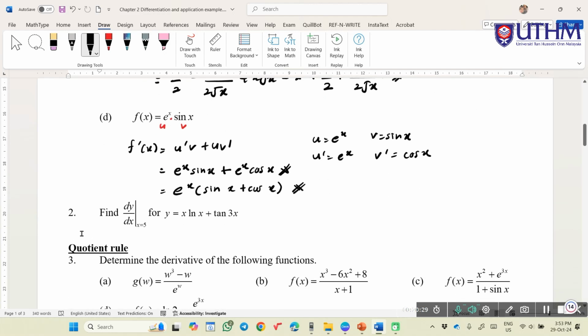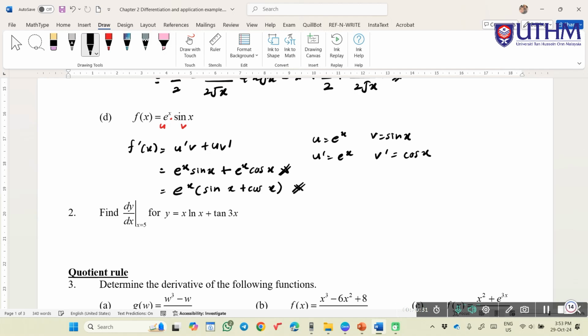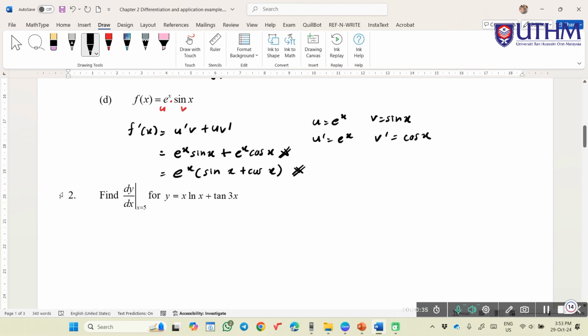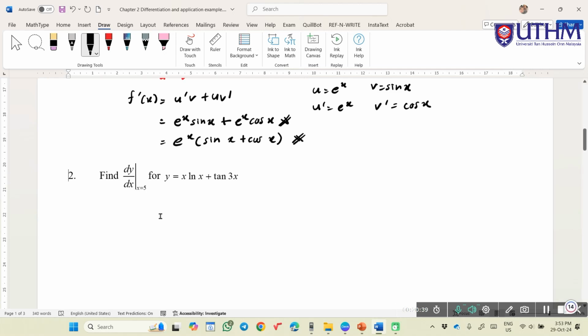As for example 2, also what we call the product rule. However, we need to find the dy over dx at the particular point. So this point is x equal 5. First we need to find the differentiation here.